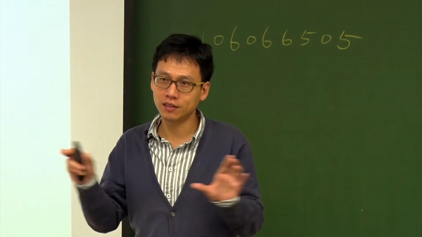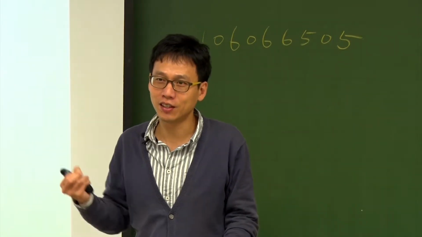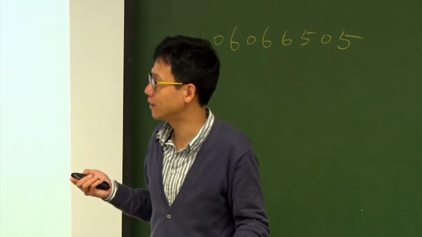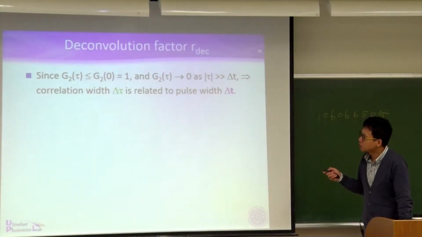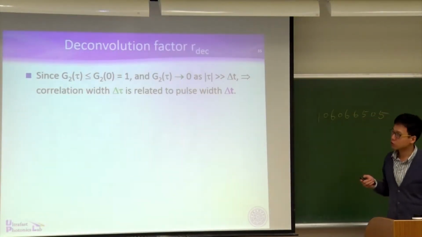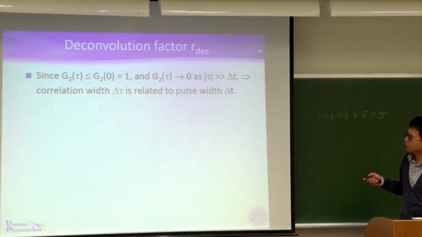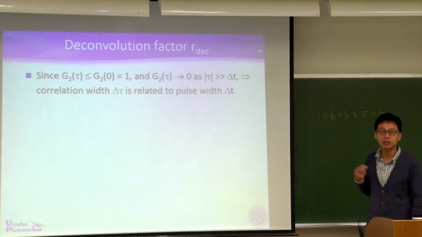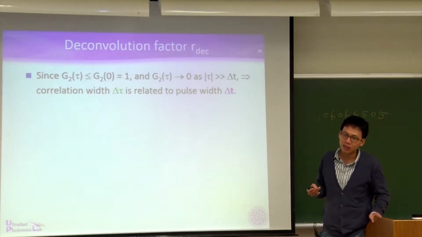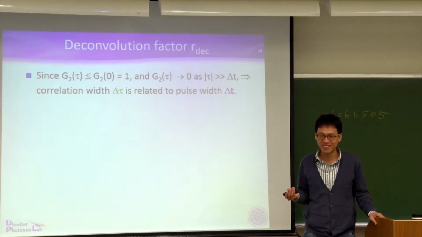So their product is almost 0, and the integration is almost 0. Okay? So if these two facts are true, then we can conclude the correlation width delta tau must be related to the pulse width delta t. They should be of the same order at least.